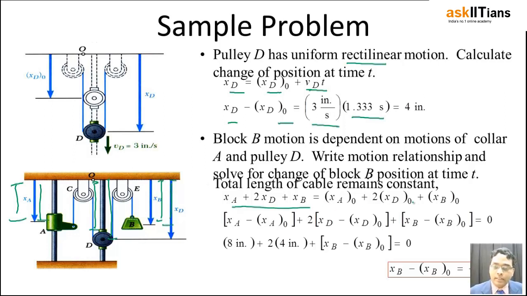Putting it all together gives us this. This is the net value of displacement, which is going to be a constant. If you plug all these things in, each will have some initial value. If you equate the two, that gives you the change in displacement of the block B. So the change in displacement of the block B is known to us.